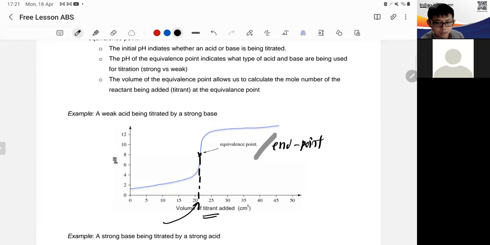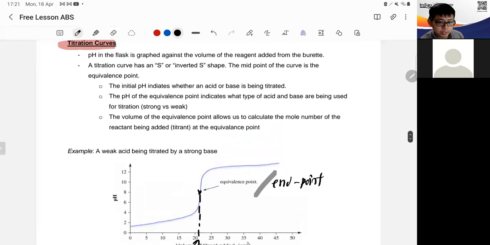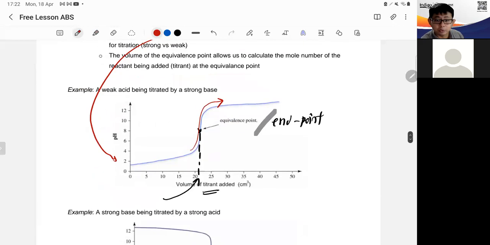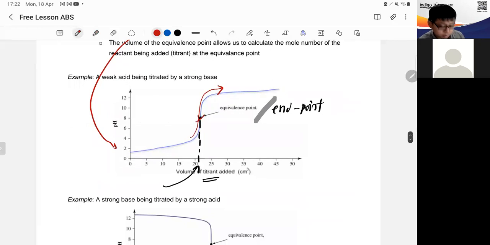Can you see, the initial pH tells us whether acid or base is being titrated. Of course, this means the acid is in the conical flask. I add base slowly. At one drop, the pH will shoot beyond 7. At that point I can stop already, because I know this is the amount necessary for my reaction to be complete.